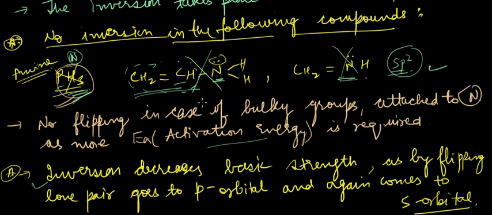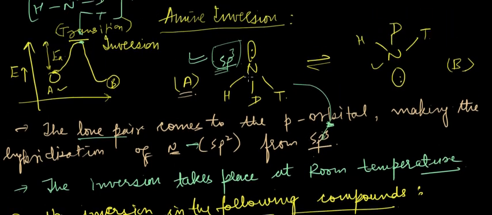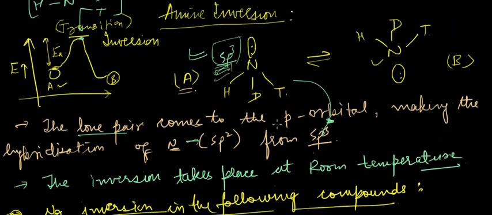In the second case, inversion will not take place because this alkene group is a bulky group which will restrict the inversion of nitrogen at room temperature, because for inversion to take place the inversion energy should be available at room temperature. So in this case you need to provide the activation energy, or EA, to the compound if you want to see inversion. Similarly, in this compound the nitrogen atom is sp2 hybridized, and the condition for inversion to take place is that the nitrogen should be sp3 hybridized.